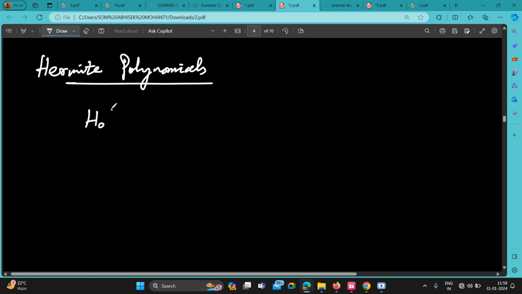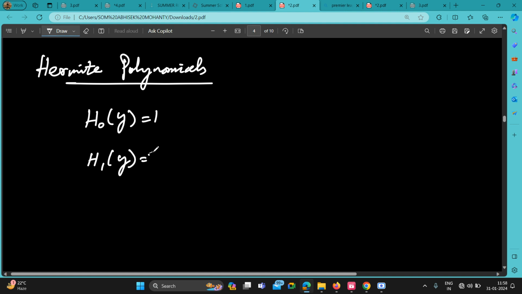Okay, so this was a perturbation for delta potential. Just write some Hermite polynomials in case it comes in the exam, just in case. H0(y) is equal to 1.